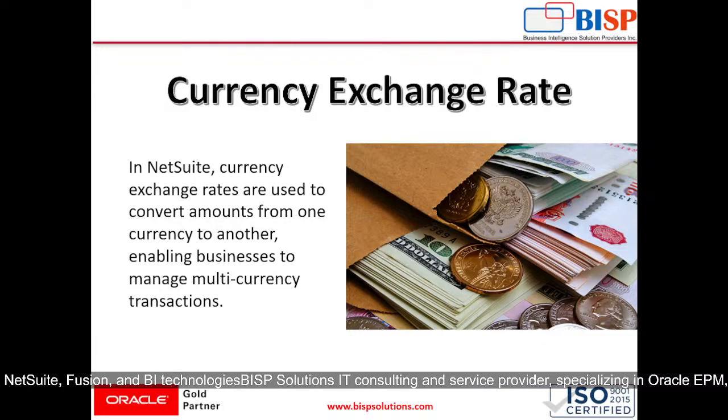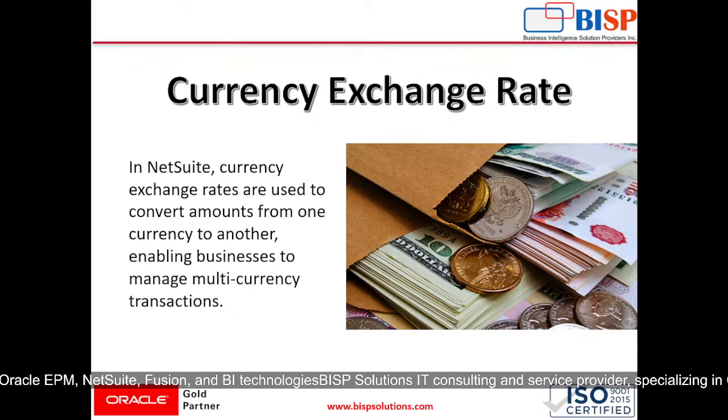and vendors. Some key concepts of currency exchange rate are: first is exchange rate types, where average rate is over a specific period. Spot rate is the exchange rate at a specific point of time. Historical rate is the exchange rate at a past date used for historical transactions.